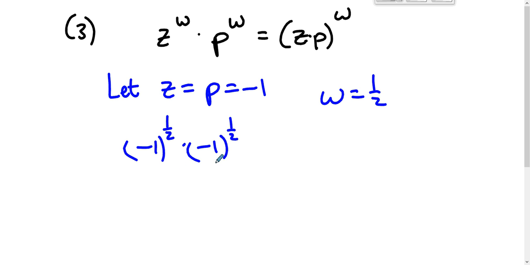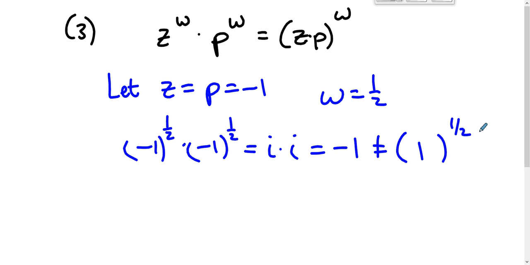What is this? Well, this is i times i, and that's negative 1, which is not the same as negative 1 times negative 1 to the 1/2. And so it is not true that this always holds if complex numbers come into the mix.